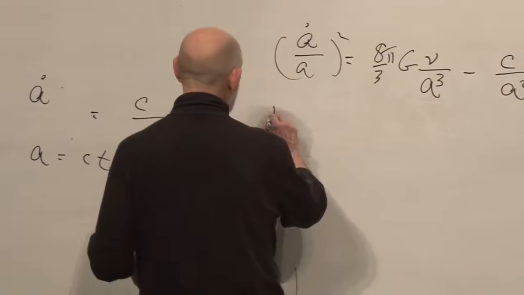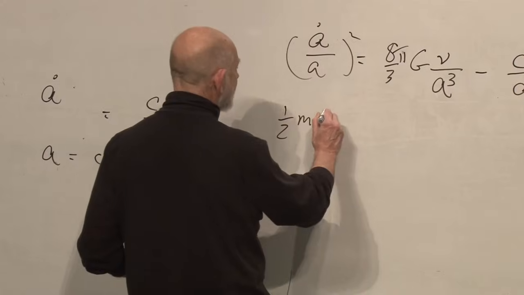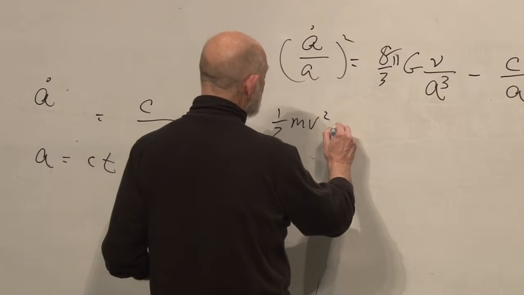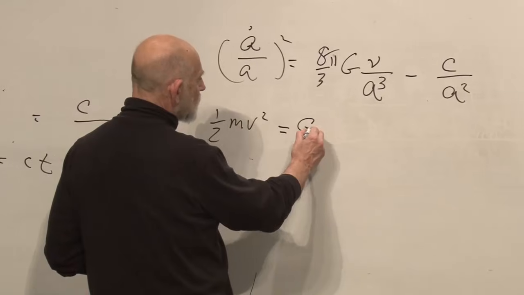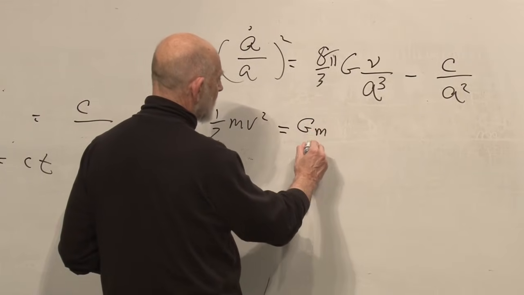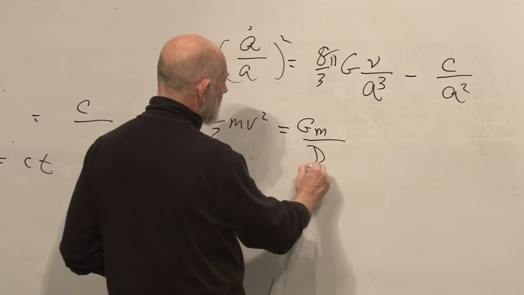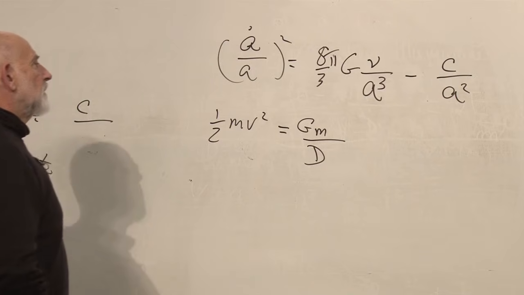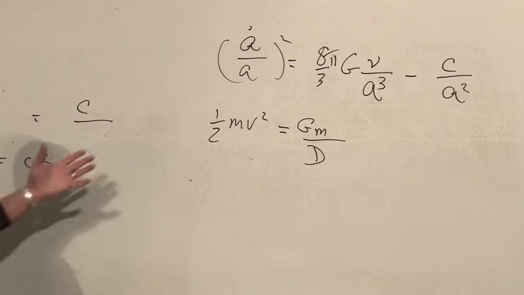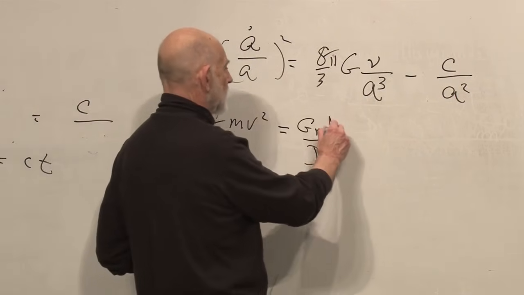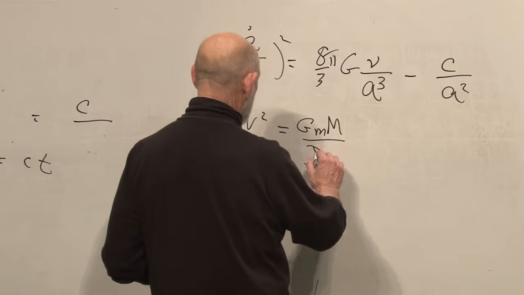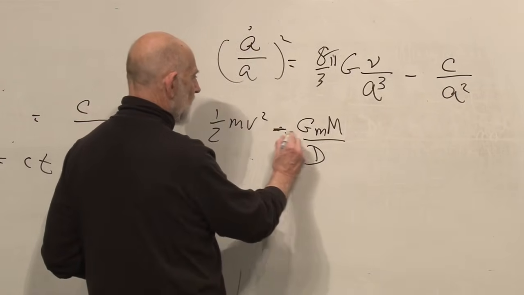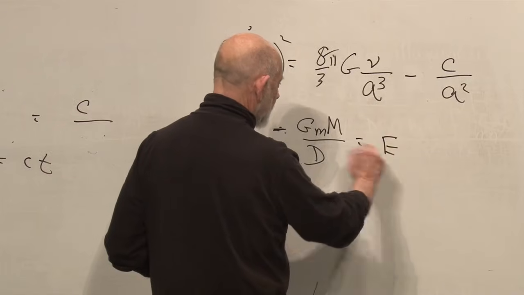You would write 1/2 mv squared is equal to GM over the distance, times the mass of the Earth. No, minus this is equal to the energy.